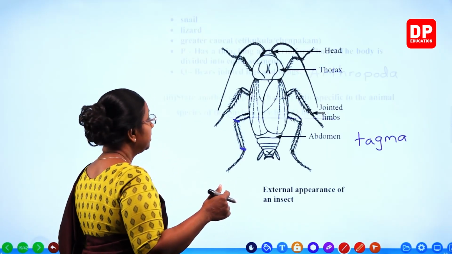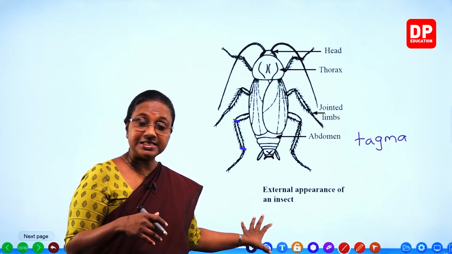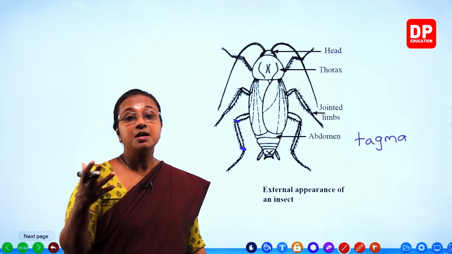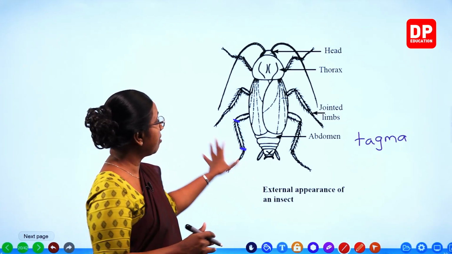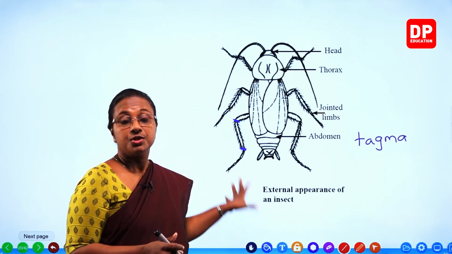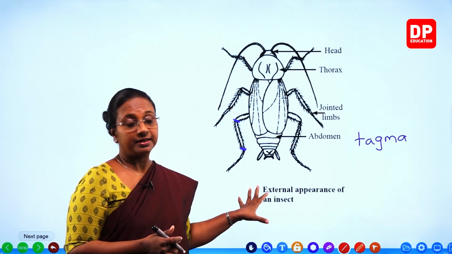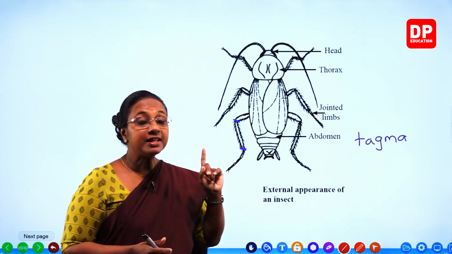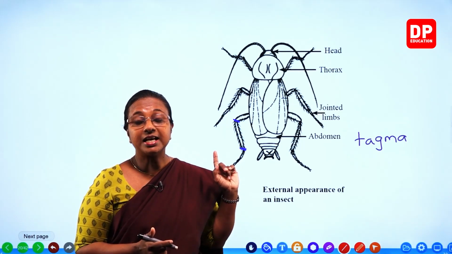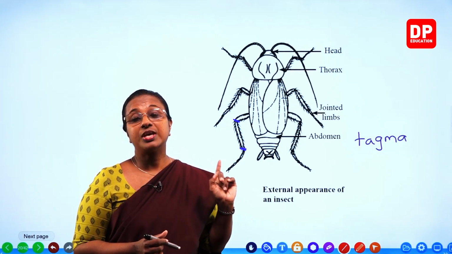So there, you can remember, in addition to insects, there are the crabs, prawns, spiders, scorpions, all of them belong to arthropods. So what is the common character? One thing I told you, the tagmatization. Another special feature is the chitin exoskeleton.